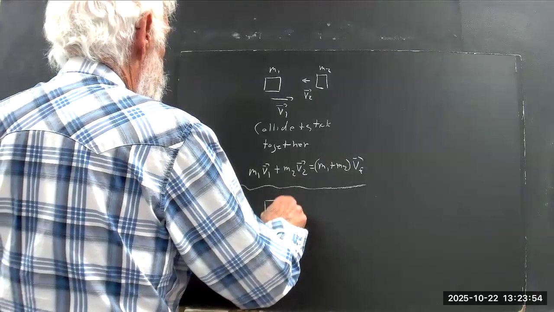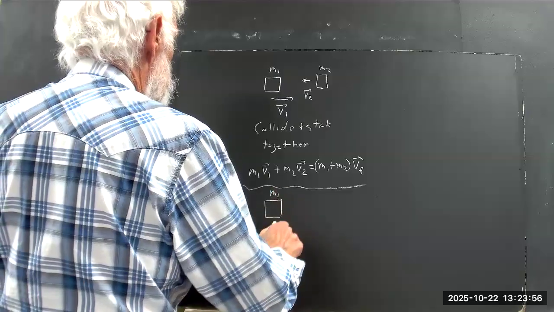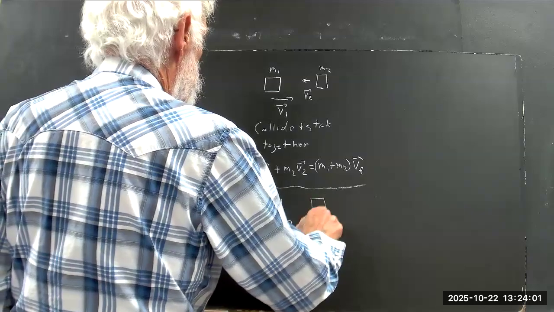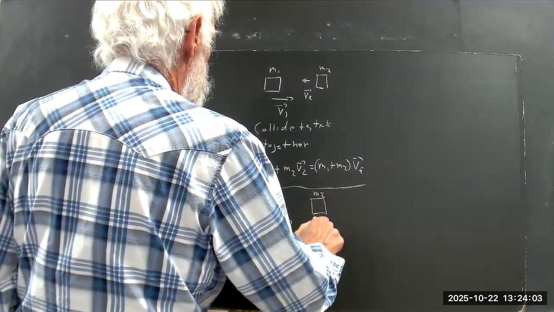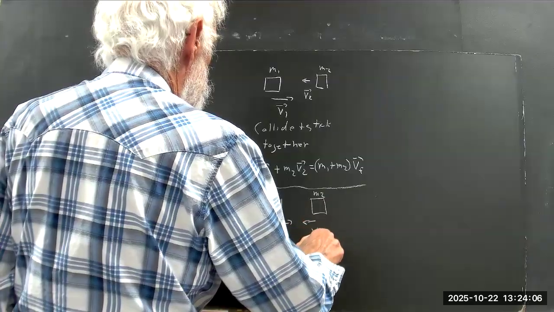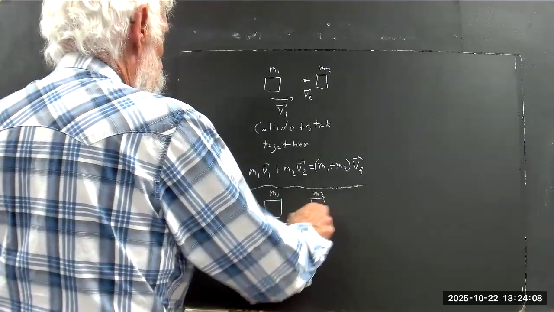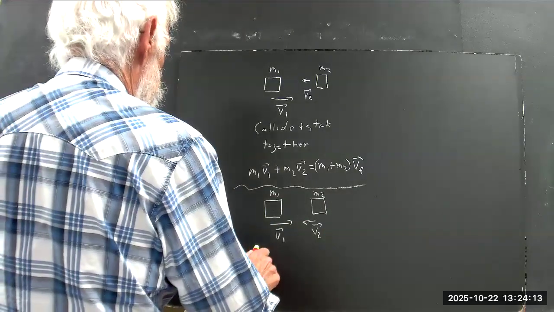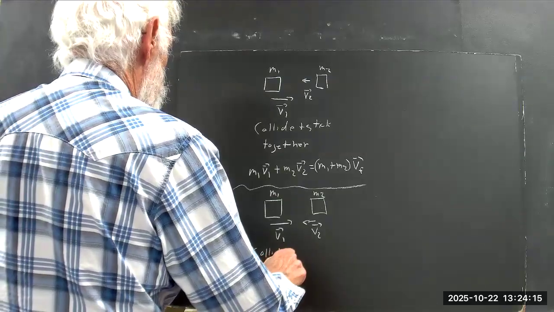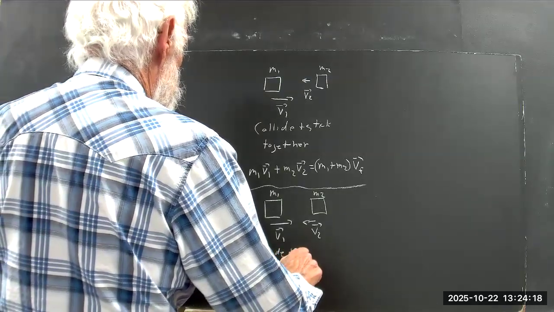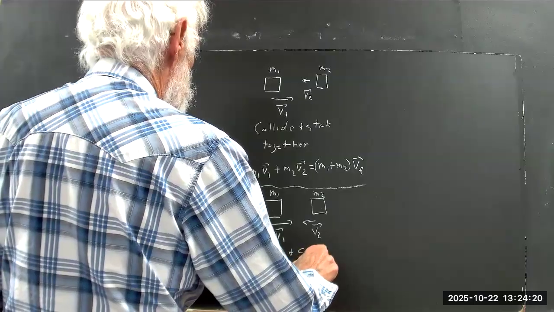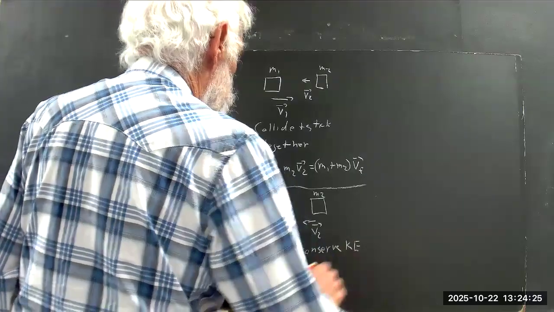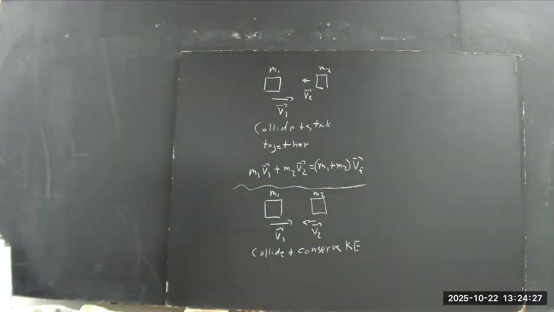The other is M1 and M2 with velocities V1 and V2, and they conserve the kinetic energy.